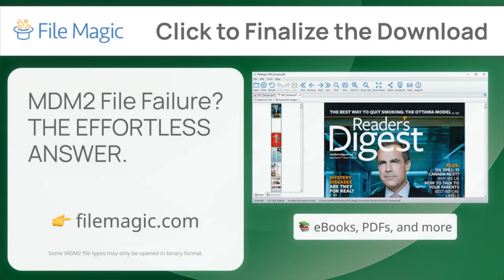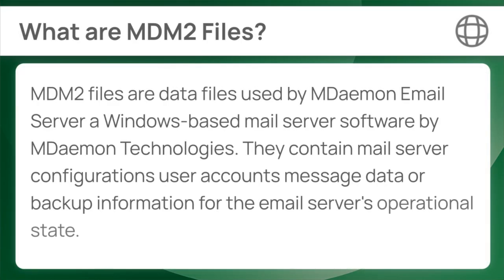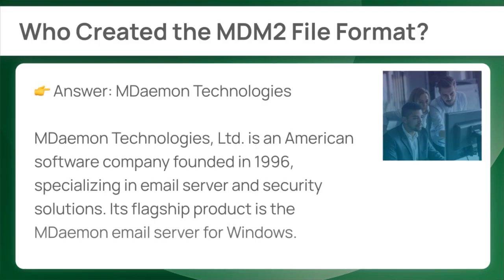MDM2 files are data files used by MDaemon Email Server, a Windows-based mail server software by MDaemon Technologies. They contain mail server configurations, user accounts, message data, or backup information for the email server's operational state.